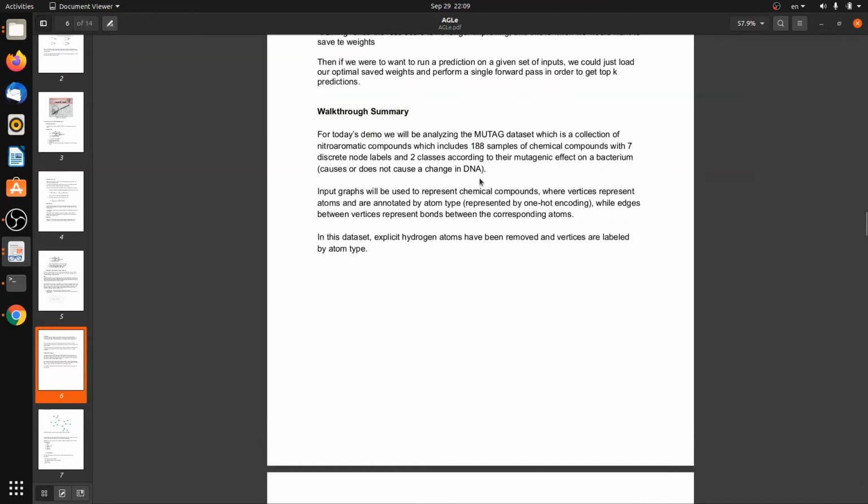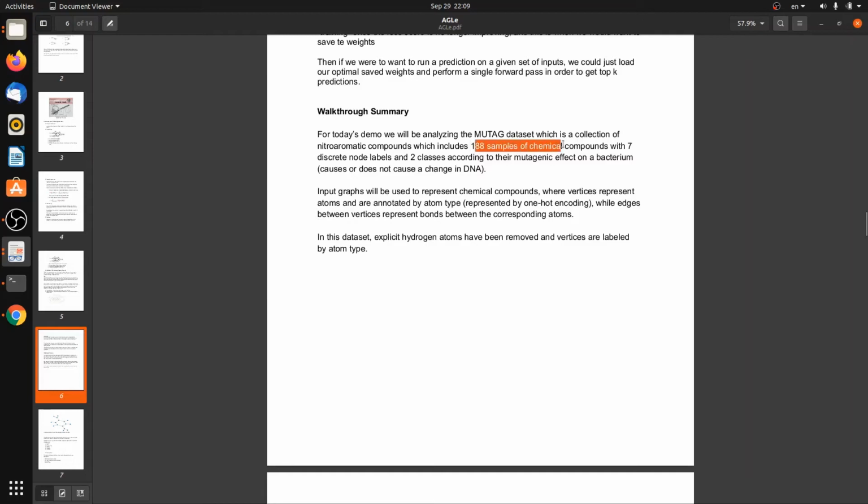Okay. So for today, we're going to be going over the Mutag data set, which is a collection of chemical compounds. It's very small. It includes 188 samples, so it comes with its problems, but for today's demo, it's good enough. These 188 chemical compounds, we're going to represent each of them as a graph, and I'll show you an example right now.